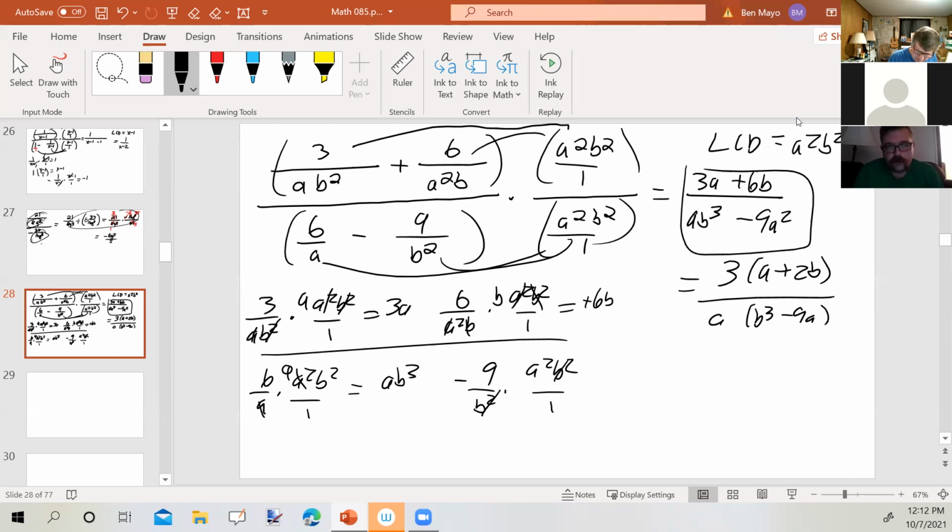What did I do? Oh, I know what I did. No, maybe not. Hang on. I have made a mistake. So let's see if I can find it. Okay. So a squared b squared. That would be 3ab. So 3a. Okay.